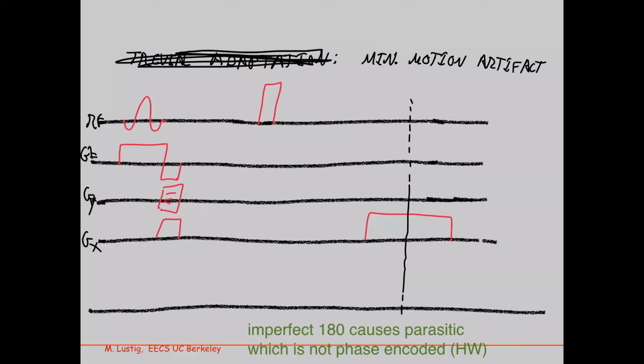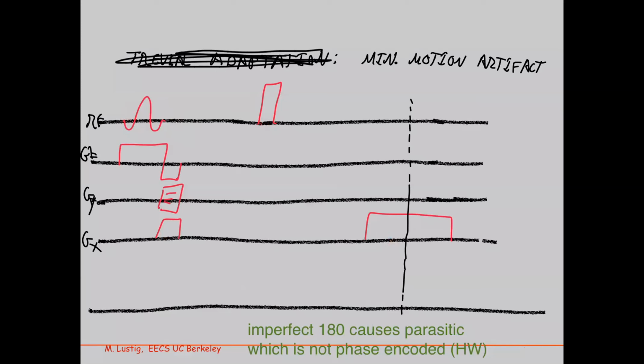So then I said something about parasitic signals, something which is not phase encoded. If you think about the echoes, the signals being created, there's this one: there's a 90 degree, and that 90 degree sees the phase encodes and the gradient encode, then it sees the refocusing, and then it sees the readout.